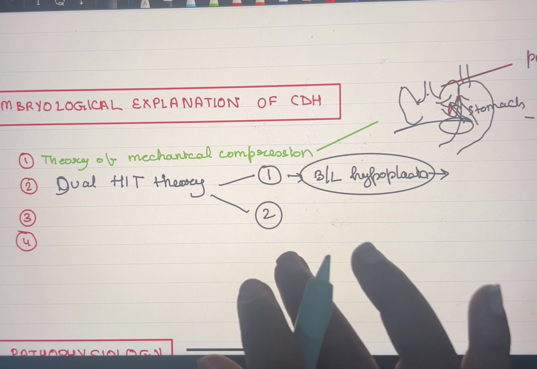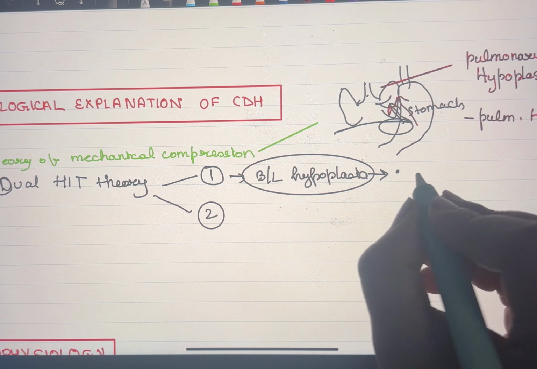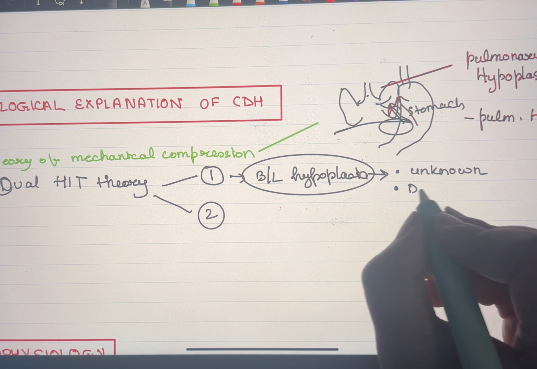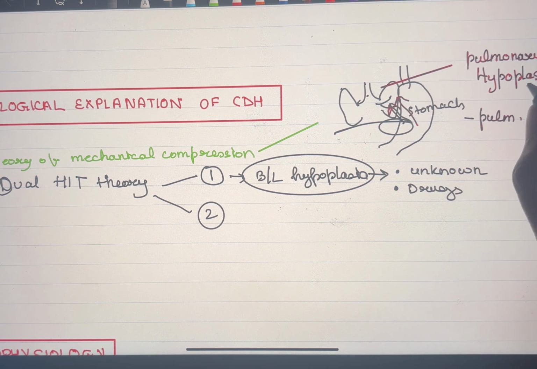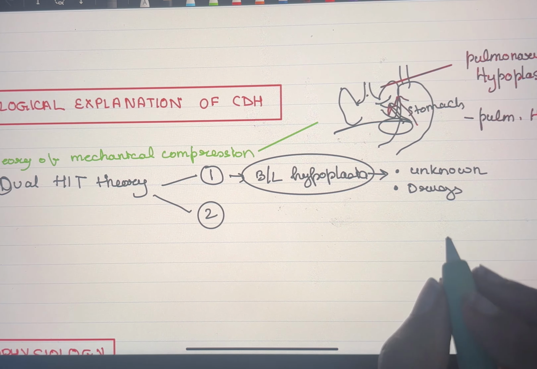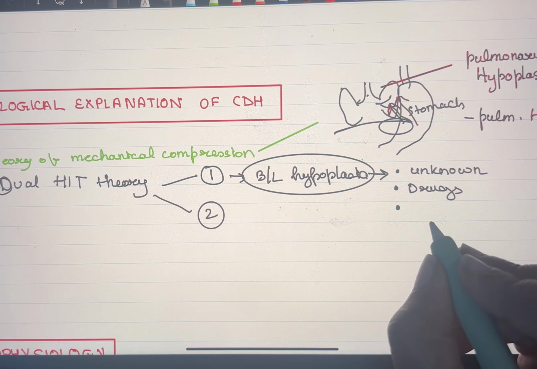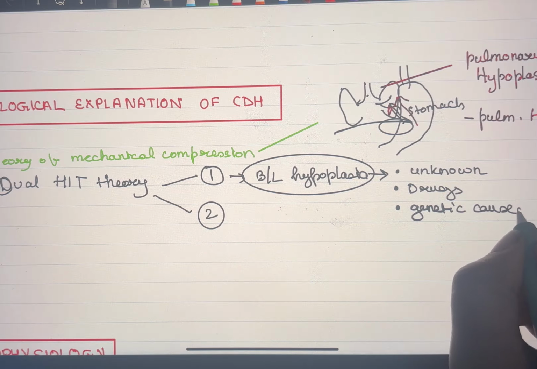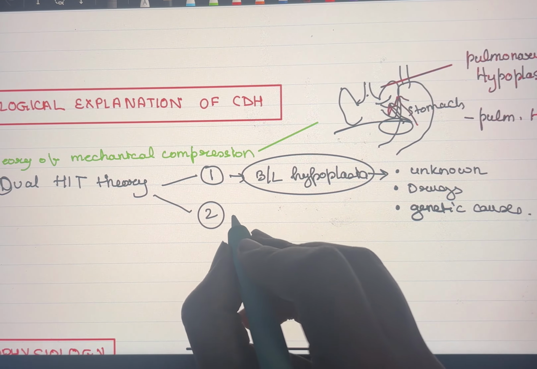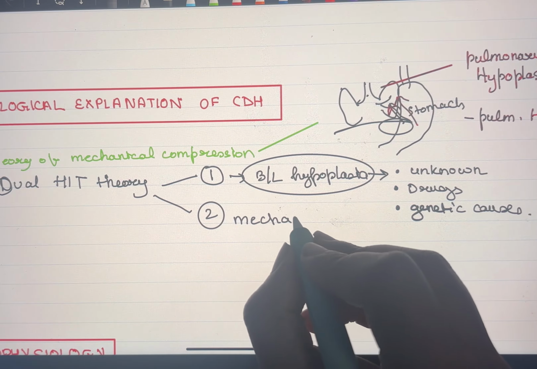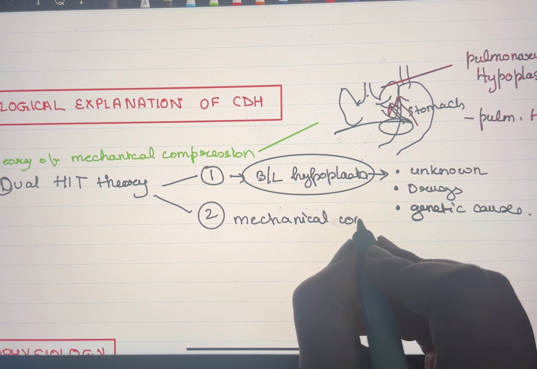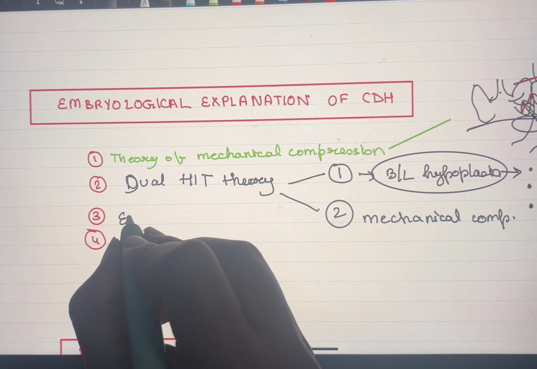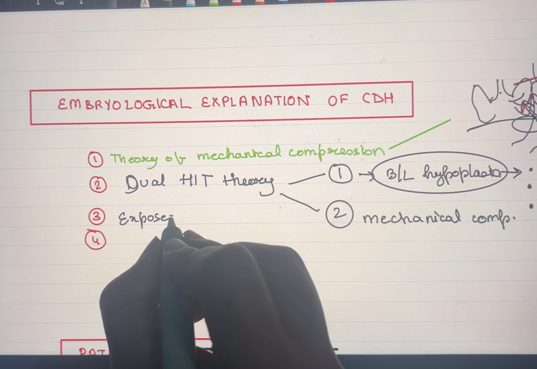There might be bilateral hypoplasia and still the cause is unknown, or the cause may be due to some drugs which caused pulmonary hypoplasia bilaterally, or it is due to genetic causes. And number second is mechanical compression. The theory of mechanical compression is the second hit.